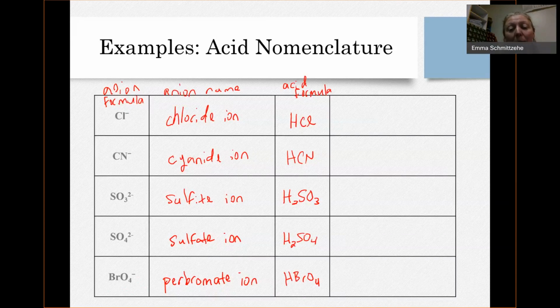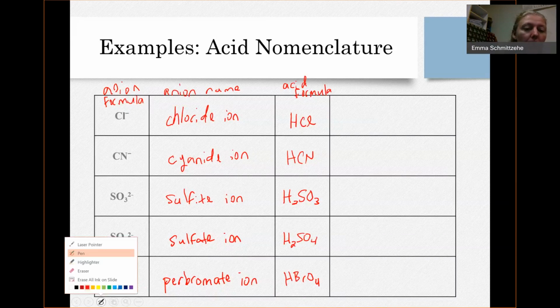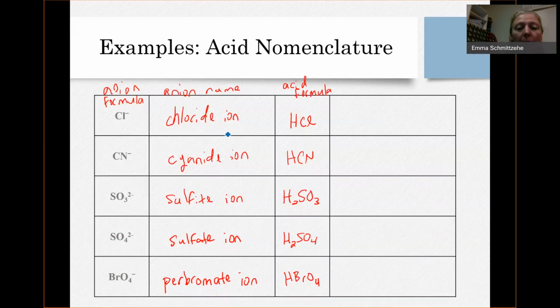And if I wanted to name those acids, I need to look at the anion names. Okay, and so I would look at these anion names and look at the endings. So I have "-ide" ion, right? And here I have "-ide" ion. And so those are the only two in this table that have that "-ide" ending.